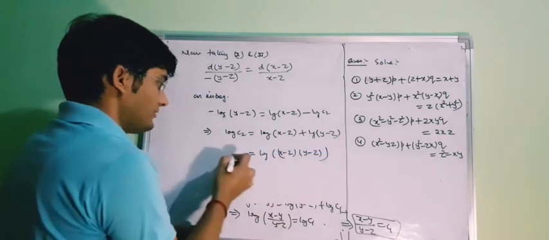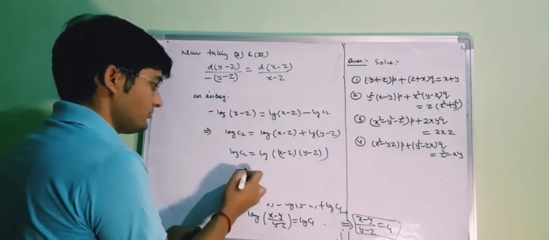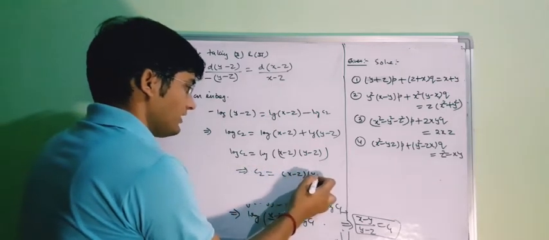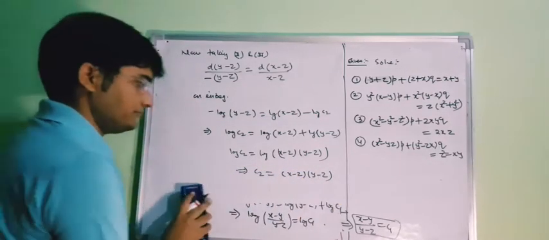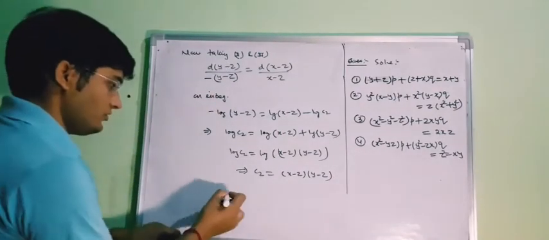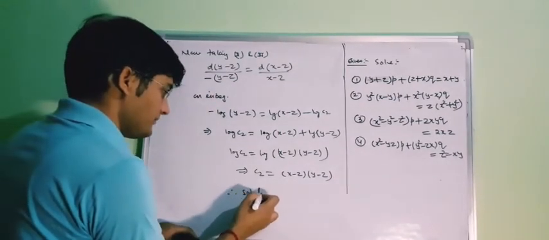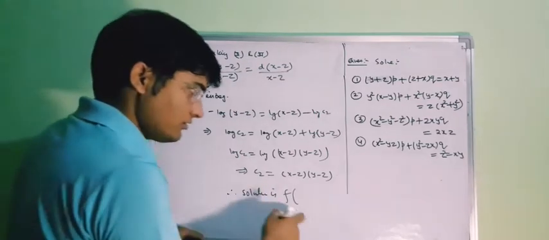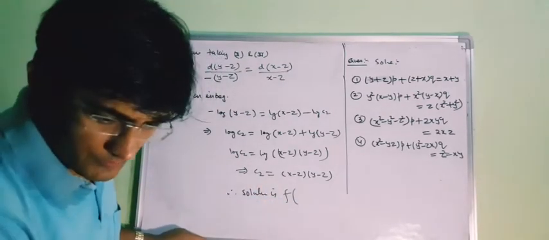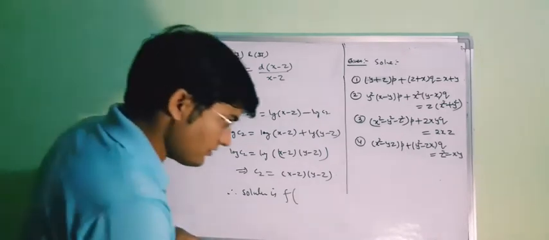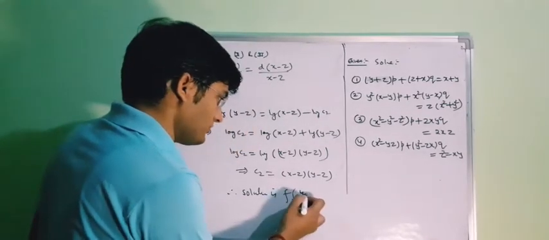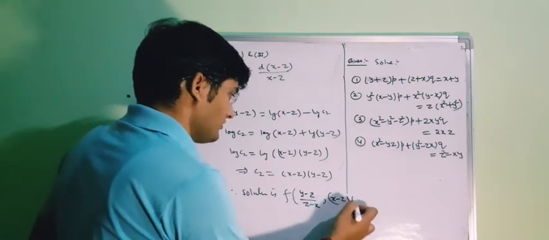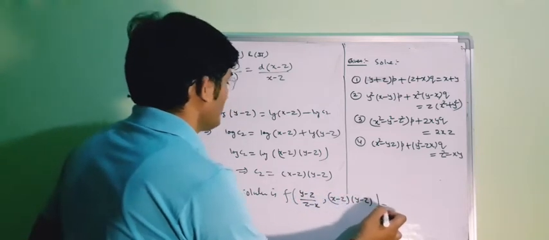And the left hand side we have log c2, so your constant number 2 will be x minus z into y minus z. So that means our solution is: the first solution was, I think, y minus z upon z minus x, and the second solution is x minus z into y minus z.